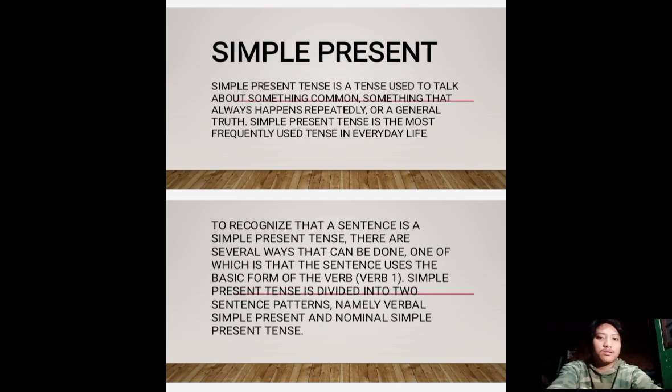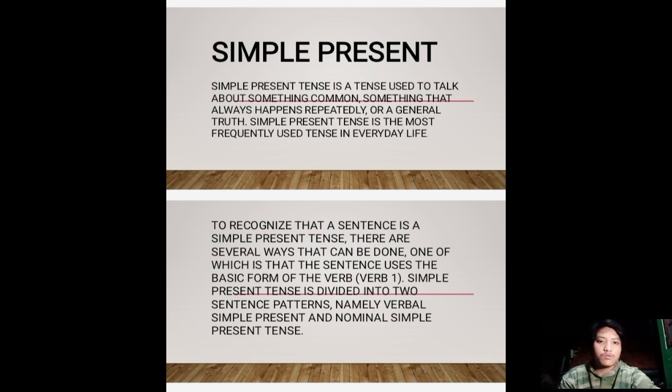Simple present tense is the most frequently used tense in everyday life. To recognize that a sentence is a simple present tense, there are several ways. One of which is that the sentence uses the basic form of the verb.